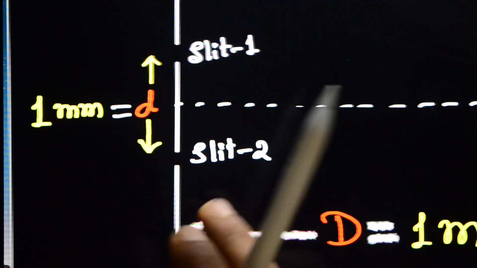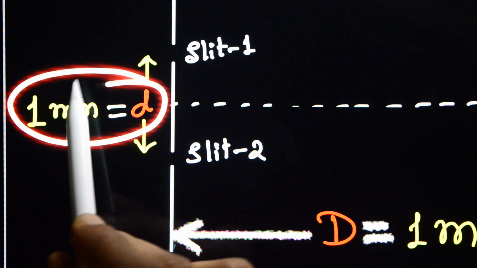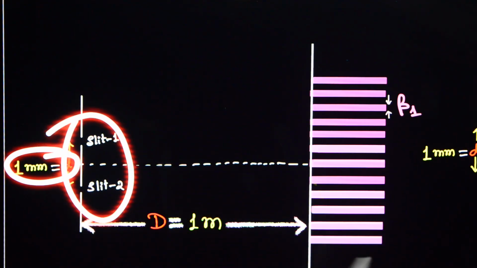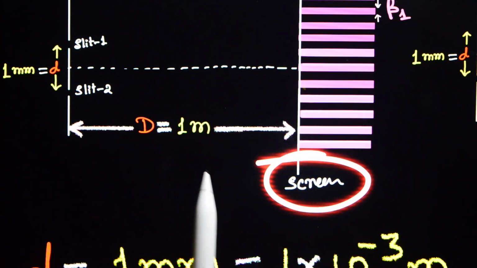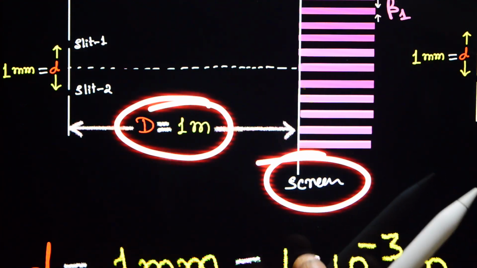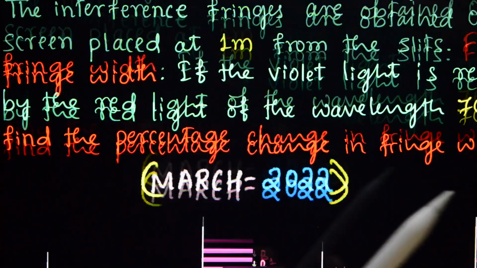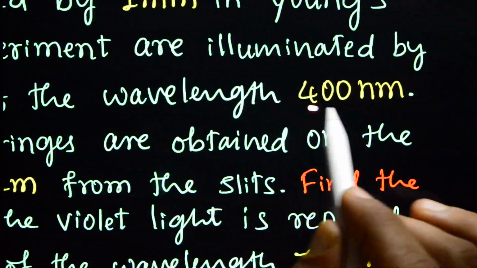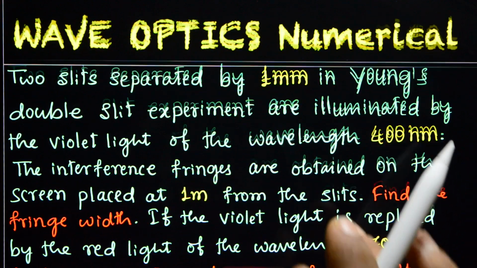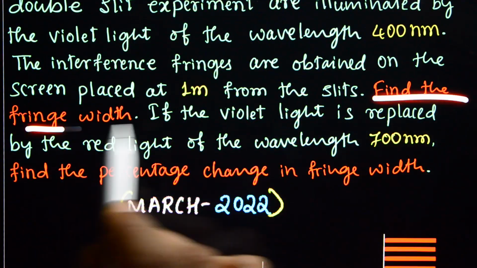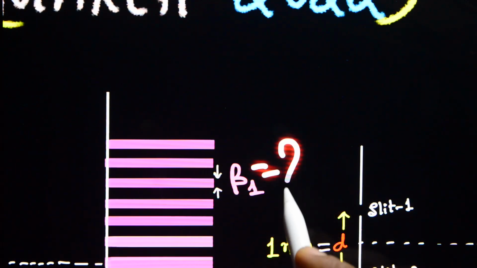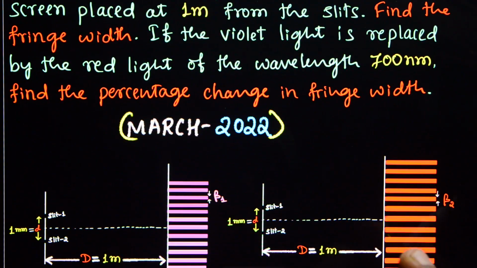Here the separation between the slits, small d, is 1 mm, and the distance between slits and screen is 1 meter, and the wavelength of light initially used is 400 nanometer. Now you need to find the fringe width. Here beta is equal to question mark, or beta 1 is equal to question mark. That is the first part.